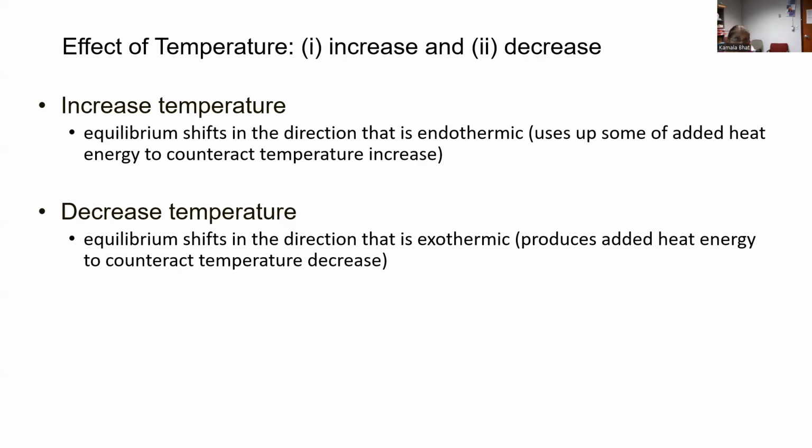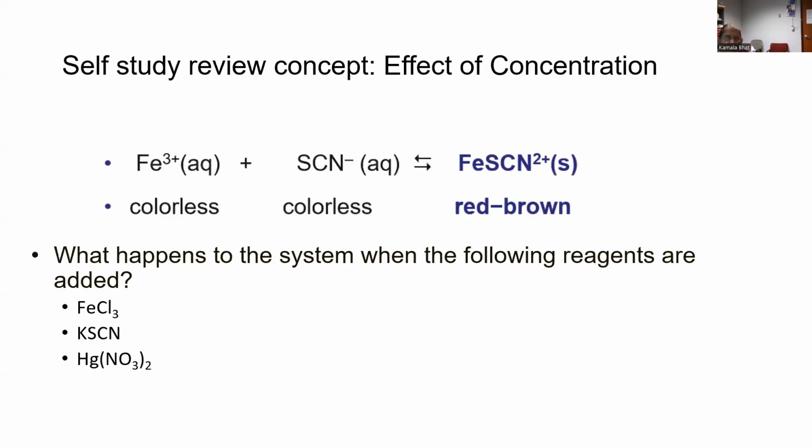On the other hand, if this reaction were carried out at lower temperature, the equilibrium will shift in the direction that is exothermic, producing added heat energy to counteract the temperature decrease. And so this is a self-study question where you have to answer what happens.